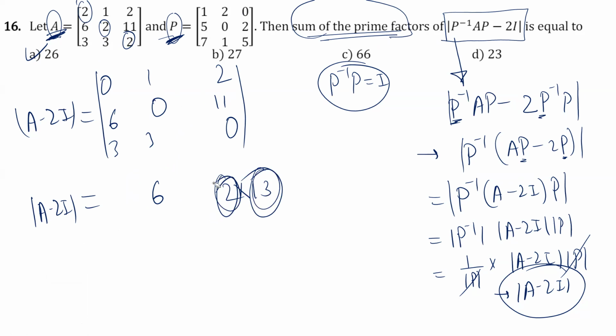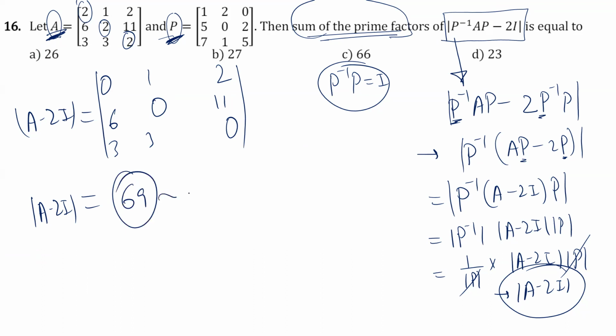Oh, I'm very sorry. This determinant value will not come out to be 26. Rather, it will come out to be 69. Okay, 69. So here the prime factors will be 3 into 23, you can see. These are prime numbers. And you know that 1 will also be a factor, but that will not be a prime factor.